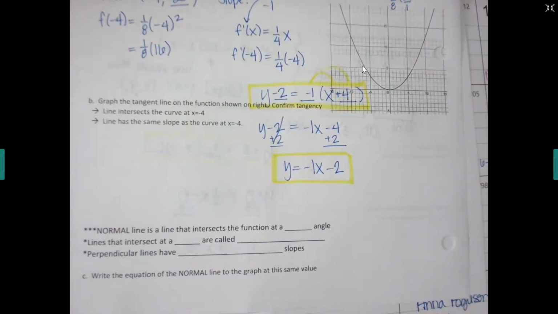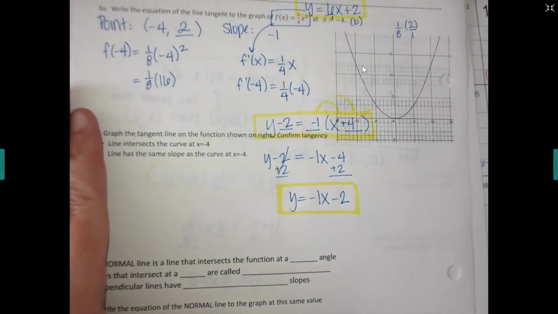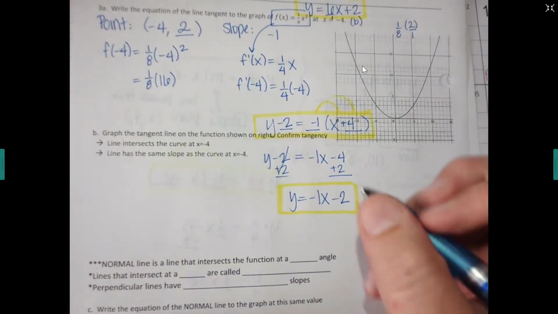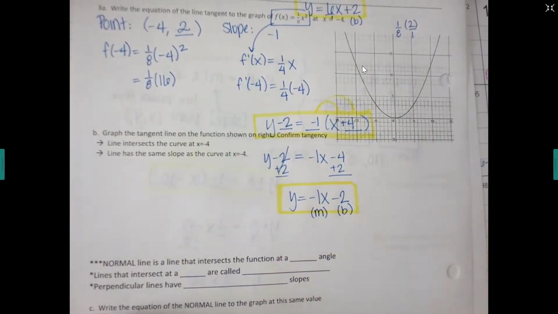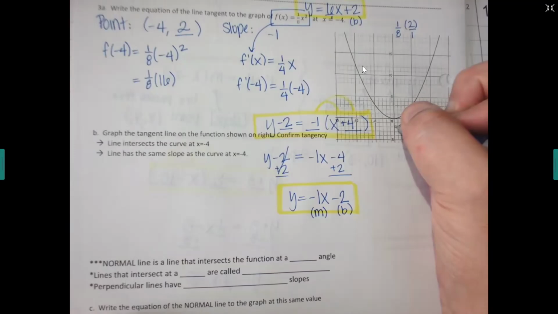All right, so now take that equation, graph it, and it should perfectly touch your equation just at one point, at the (-4, 2) that we're expecting it to cross at. So this is my m and my b. -2 would be here.